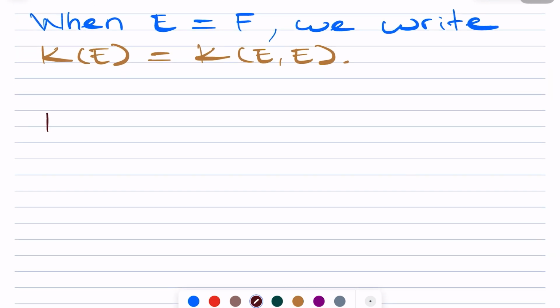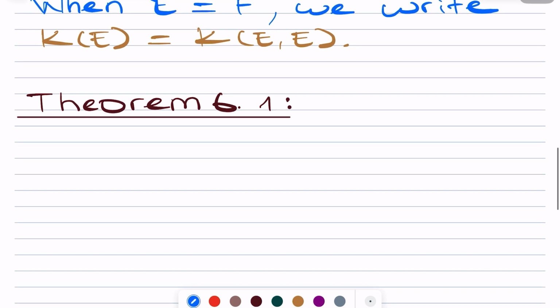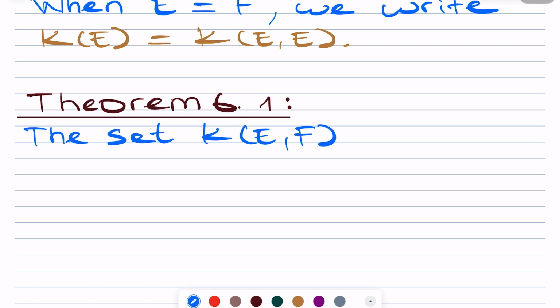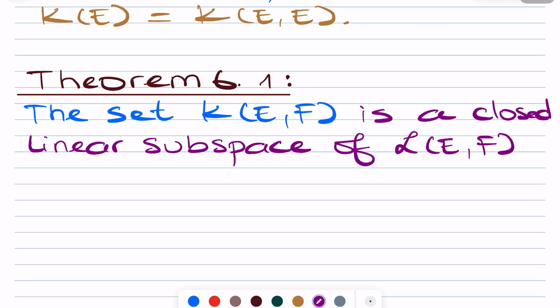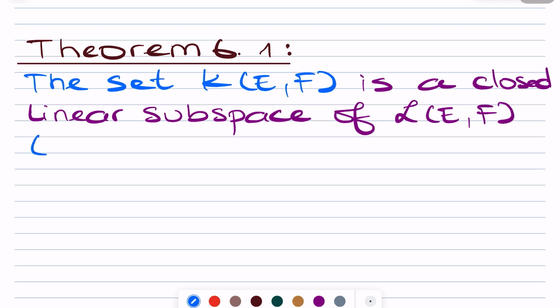Theorem 6.11. So the set of all compact operators KEF is a closed linear subspace of the space of linear bounded operators from E to F. Of course, it is always very important to specify in which topology.